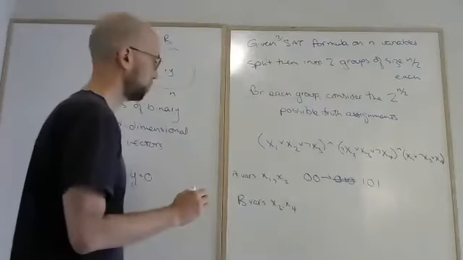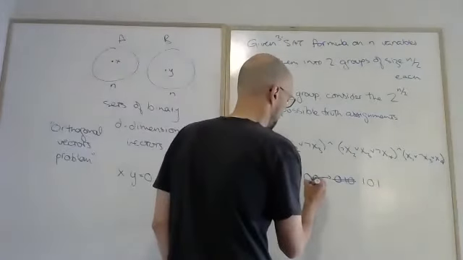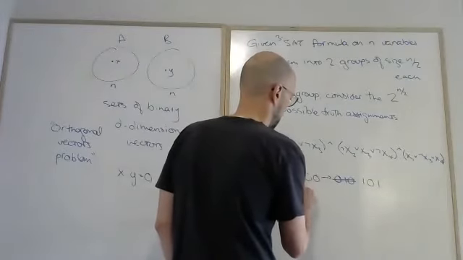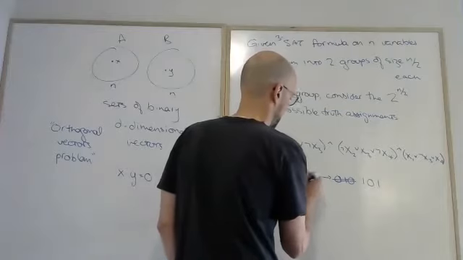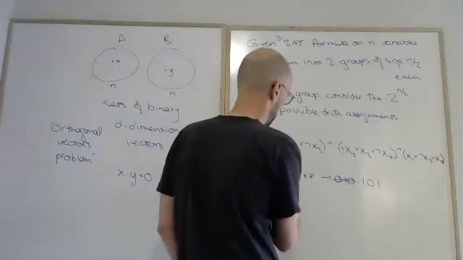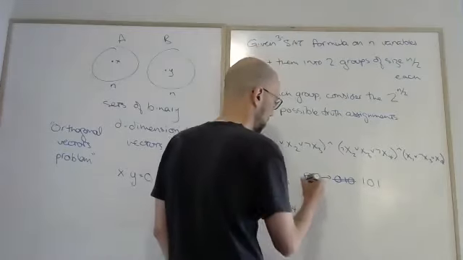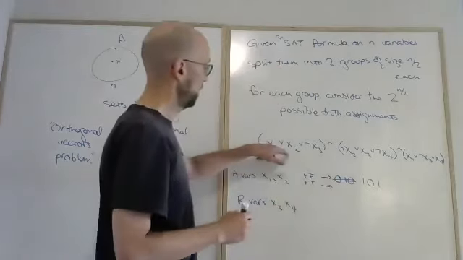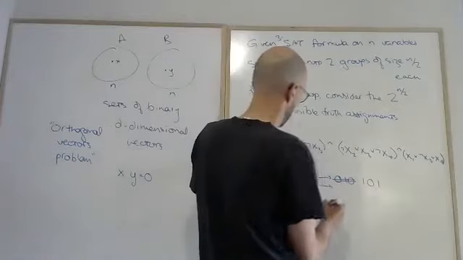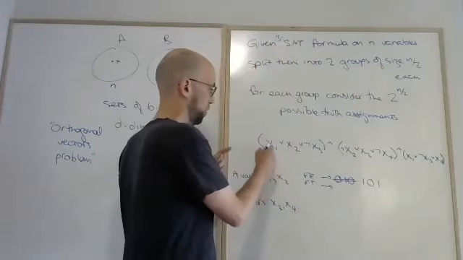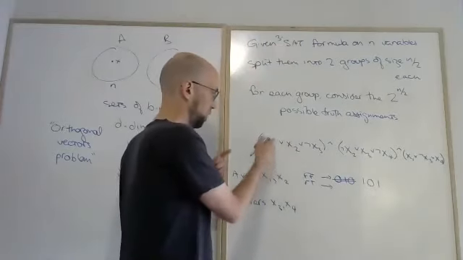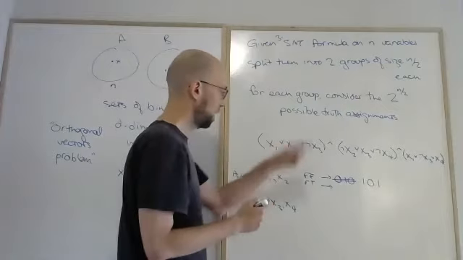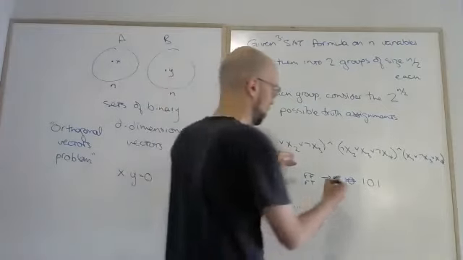Okay. So then let's say this is false, false, so this is for x1 and x2. False, true. If x1 is false but x2 is true, that satisfies this clause, so I write a 0.